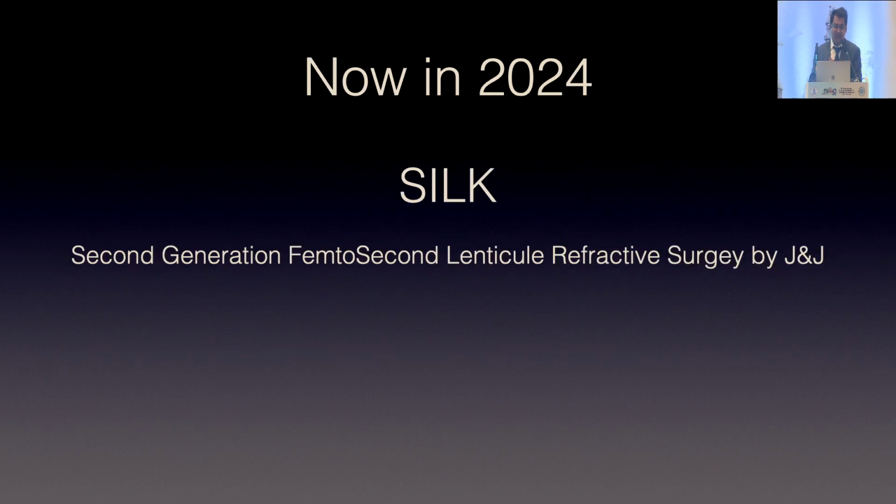And now in 2024, we have another technology coming in by the name of SILK, which is a second generation femtosecond lenticule extraction procedure, refractive surgery by Johnson & Johnson.